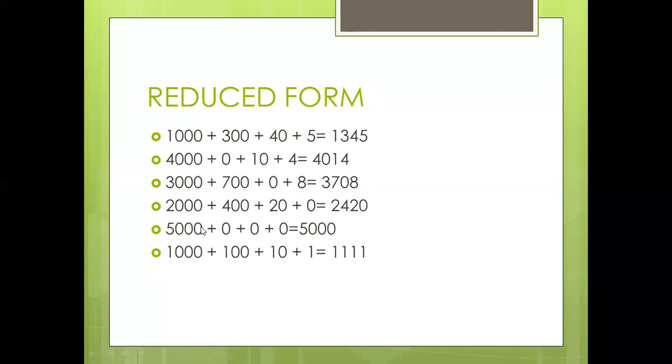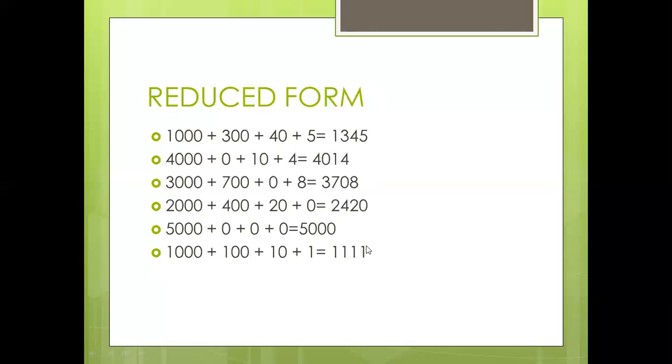2420. Next one, 5000 plus 0 plus 0 plus 0. So I write 5 in the thousands place, 0 in the hundreds place, 0 in the tens place, and 0 in the units place. So the answer is 5000. The last sum for this exercise, 1000 plus 100 plus 10 plus 1.